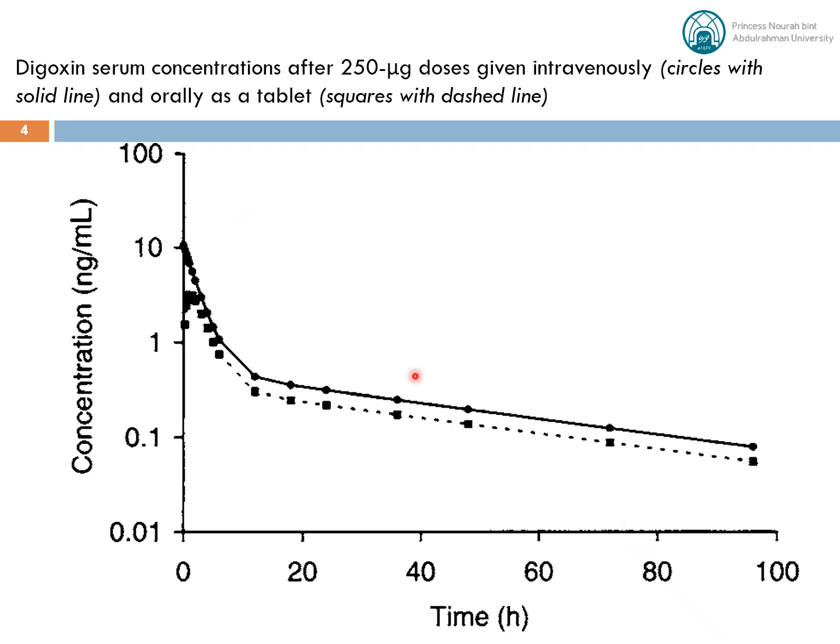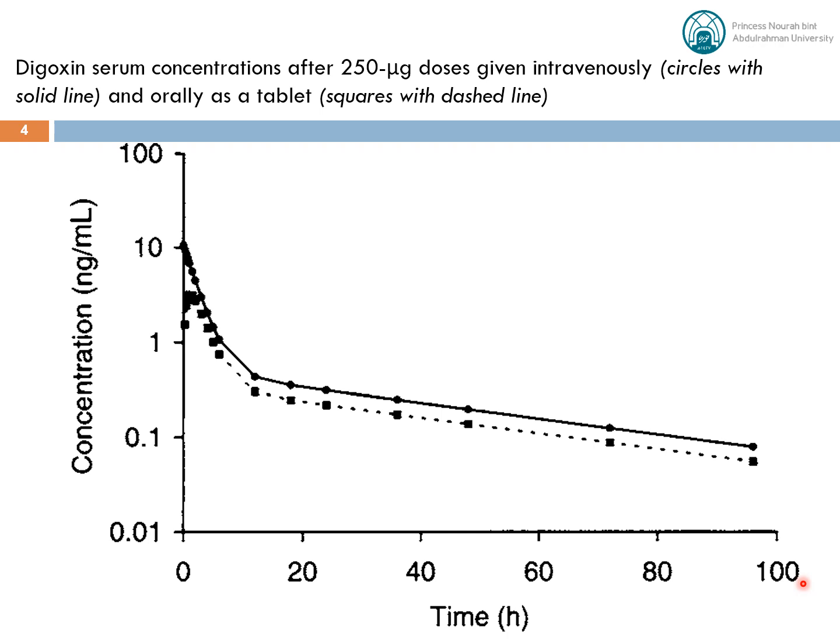As we have mentioned just a few seconds ago in the previous slides, the distribution phase for digoxin lasts for 8 to 12 hours. Notice here the x-axis, which is the time after single dose administration. It's only a single dose. It goes up to 100 hours.